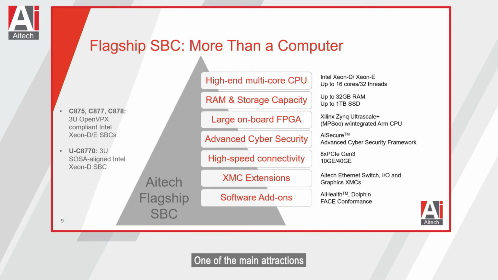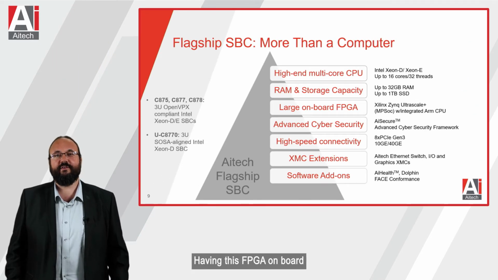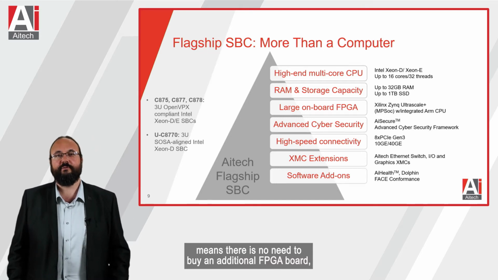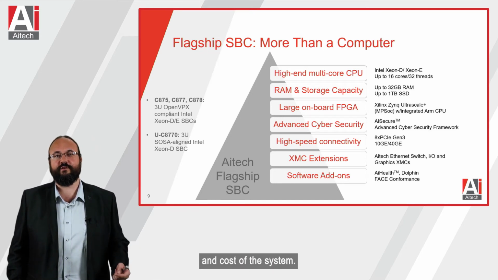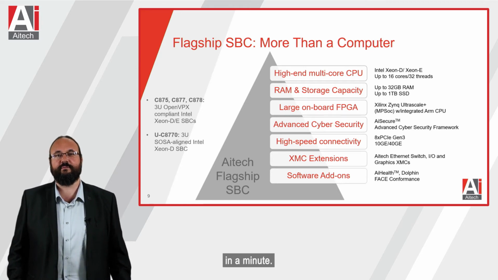One of the main attractions is the large onboard Xilinx FPGA, which allows the offloading of heavy processing functions from the CPU, or enhancing the system security. Having this FPGA on board means there is no need to buy an additional FPGA board, which in turn reduces size, weight, and cost of the system. We will touch more on the onboard FPGA possibilities in a minute.